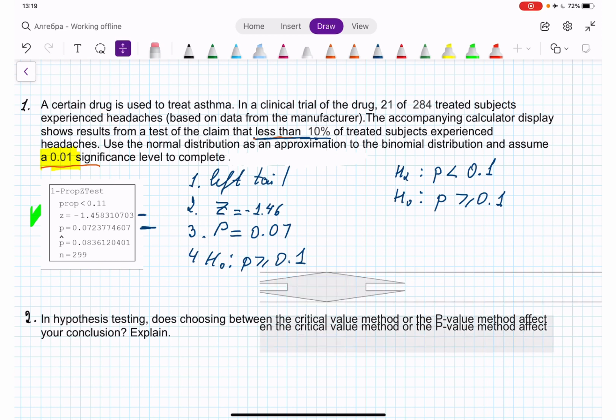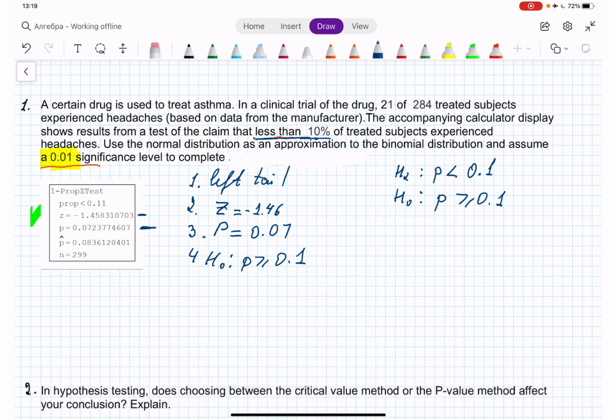Let me move this down. Number 5. Our alpha is 0.01, right? And our p-value, we already have it, is 0.07.